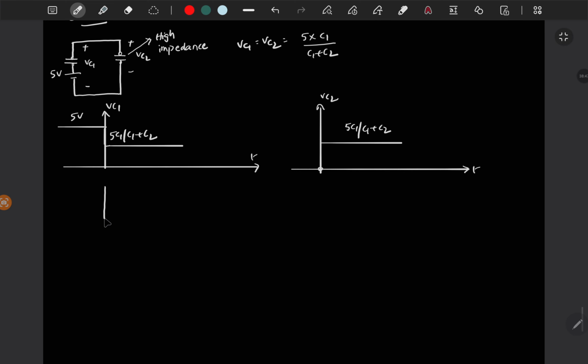So if you draw IC1 and IC2, then both should look the same but with opposite magnitude. Since for t less than 0 the voltage is constant, you will get dv by dt is 0. So IC1 is 0 and it is going from 5 volt to 5C1 by C1 plus C2.